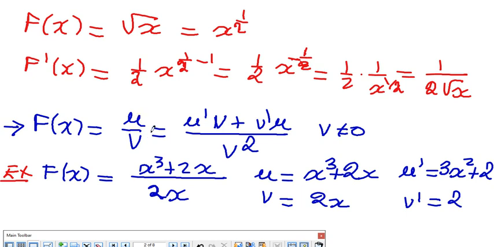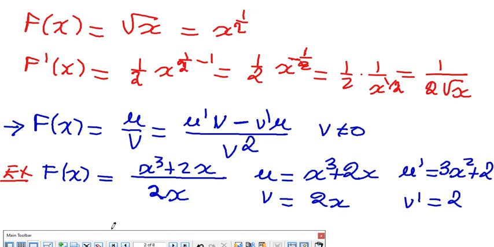If I have a quotient, u over v, the formula is u prime v minus v prime u, sorry guys, over v squared. Then I have u equal to x cubed plus 2x, so u prime is 3x squared plus 2. v is equal to x, so v prime is equal to 2.